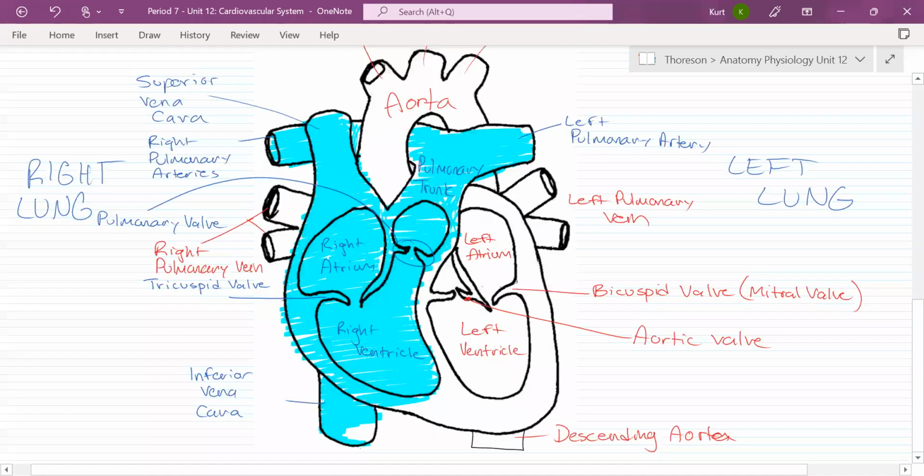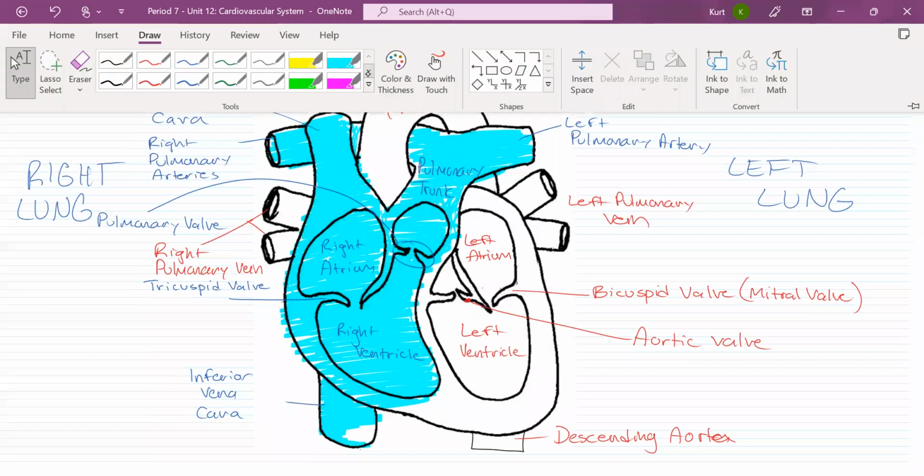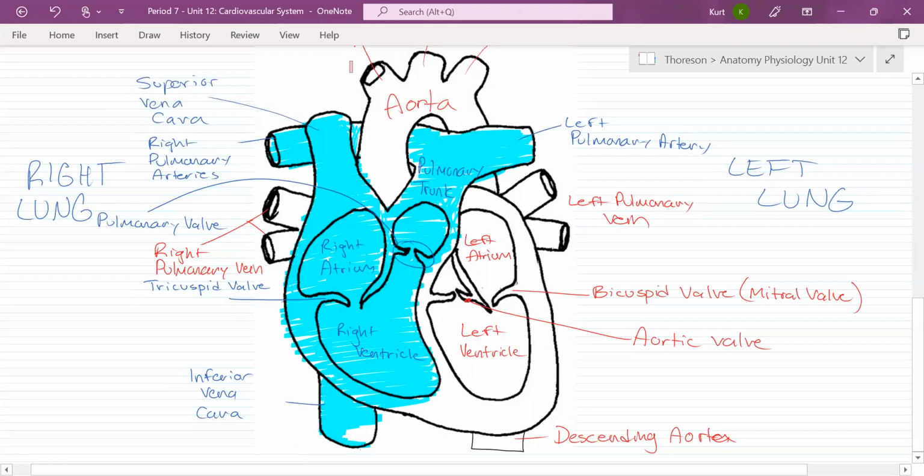All right, let's highlight these parts. Here we go. We enter through your pulmonary veins. They're the only veins in the body that carry oxygenated blood. Then we have the left atrium.